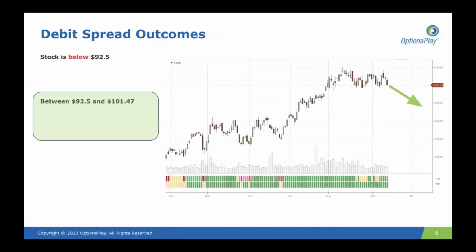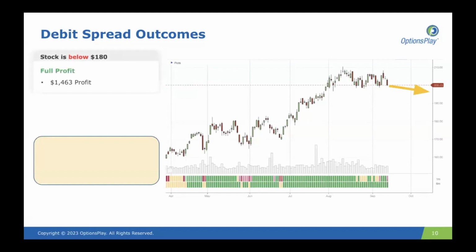If we are below 180, then we make that full profit, basically the whole way down. And we have this same profit below 180 on our chart.